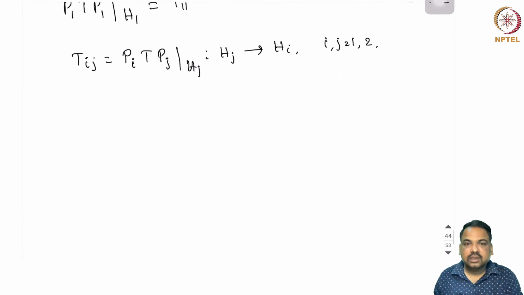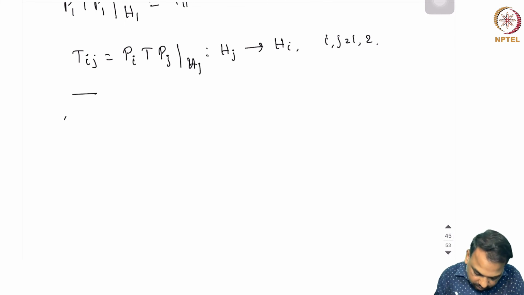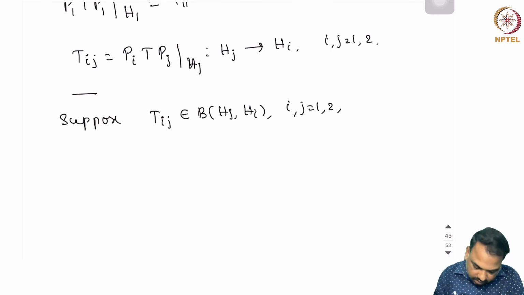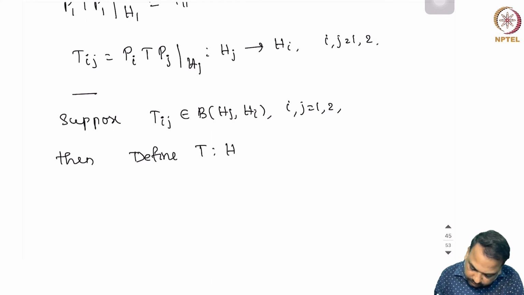Now on the other hand, suppose we have Tij from Hj to Hi, where i, j equal to 1 to 2. Then we can define a map T from H to H by this matrix T as T11, T12, T21, T22.